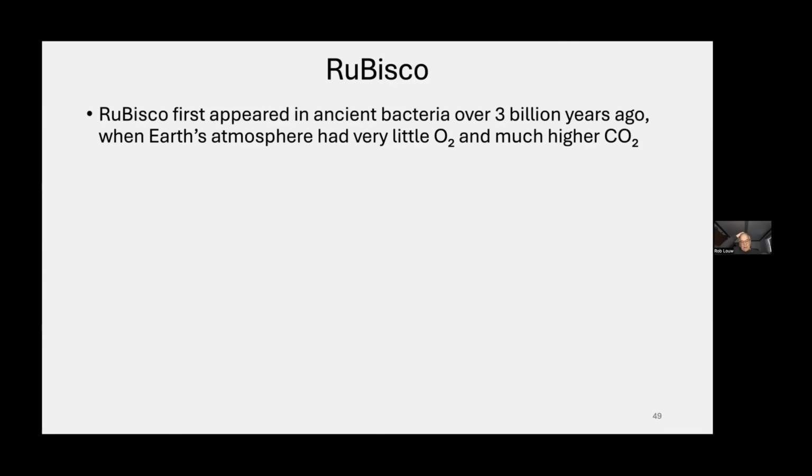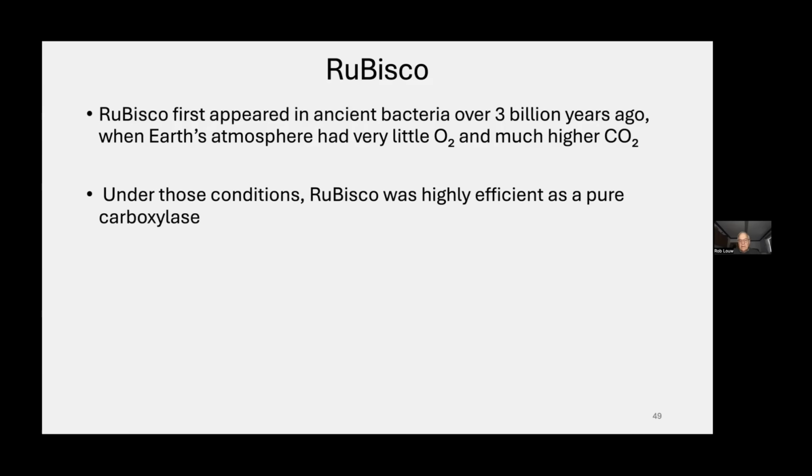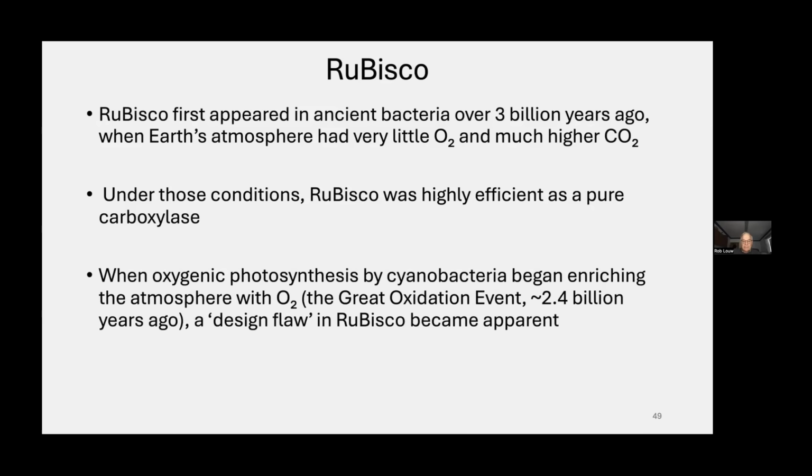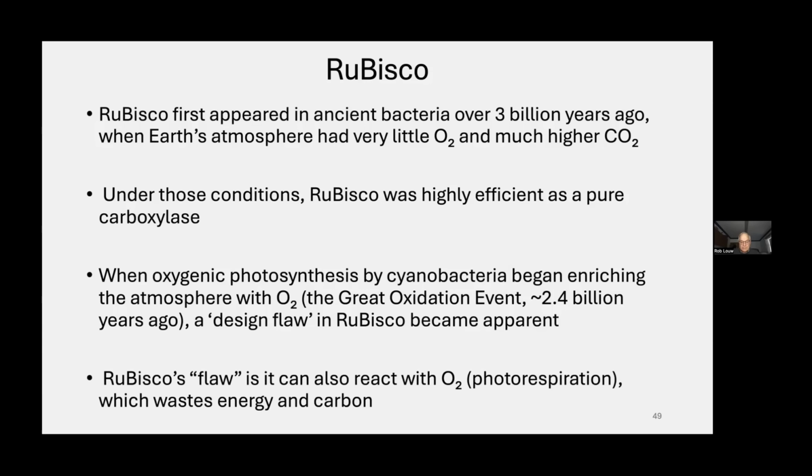I've mentioned when rubisco first evolved, it was highly efficient as a pure carboxylase. But when oxygenic photosynthesis by cyanobacteria began enriching the atmosphere with oxygen, this was the great oxygen event about 2.4 billion years ago, a design flaw in rubisco became apparent.